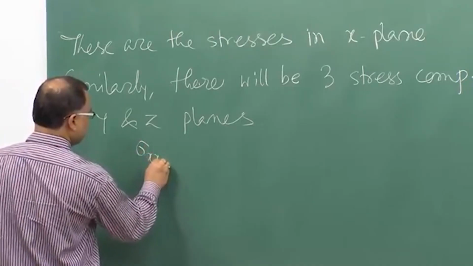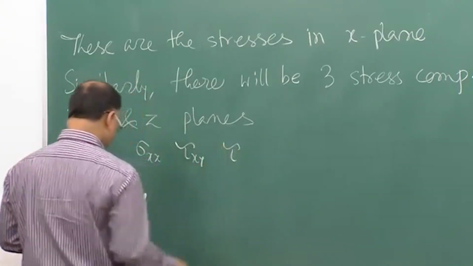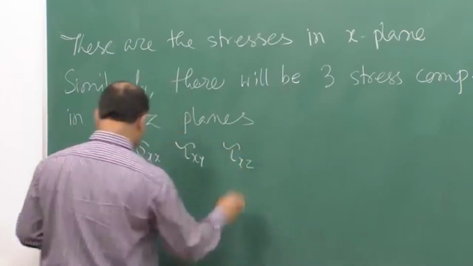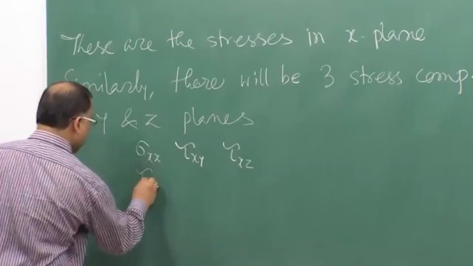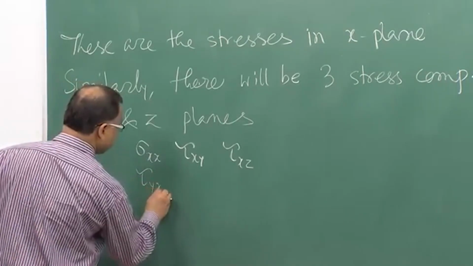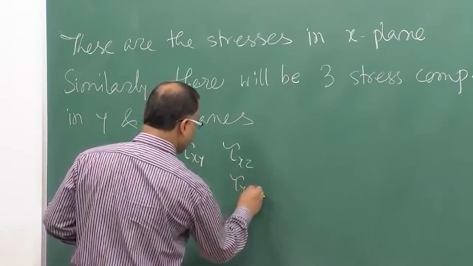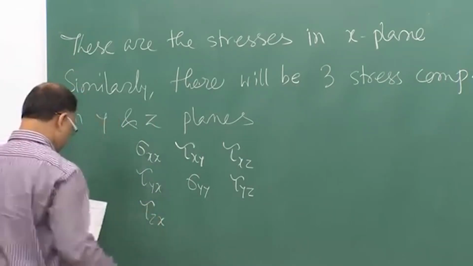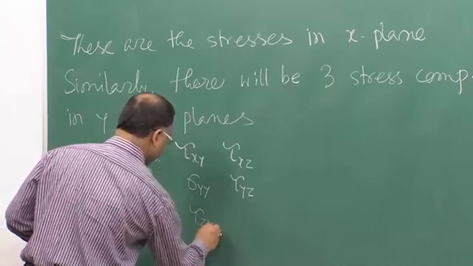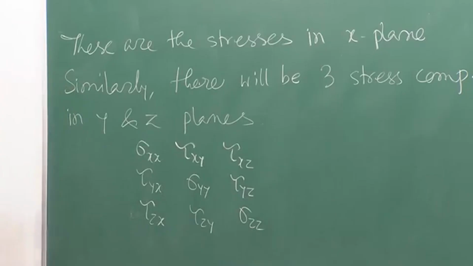So, sigma xx, tau xy, tau xz, sigma, tau yx, sigma yy, tau yz, and finally tau zx, tau zy, and sigma zz.